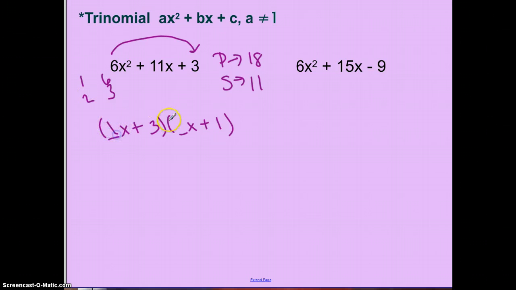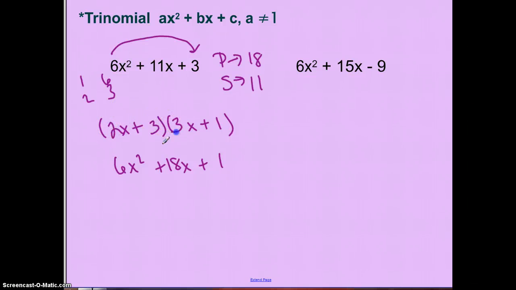Alright, so when I do that, if I try the 1 and the 6, and then I refoil it, that would give me 6x squared plus 18x plus 1, and that doesn't match. So that one doesn't work. So what we're going to try instead, we're not going to use 1 and 6, we're going to try the 2 and 3 and see what happens if we put those in there.